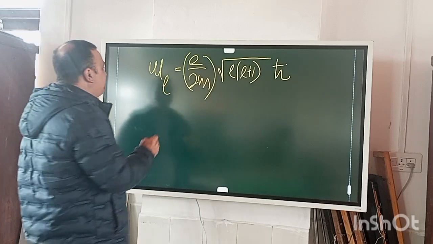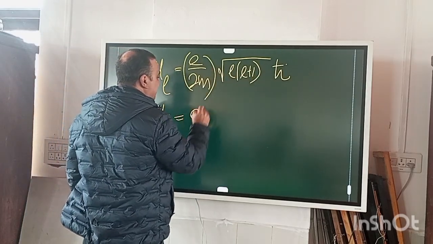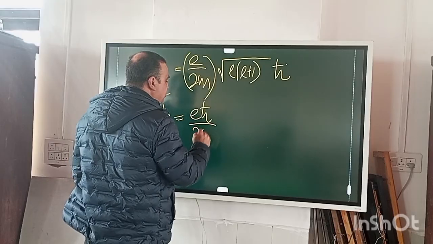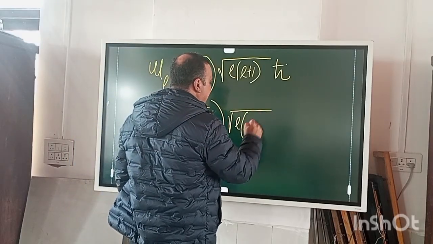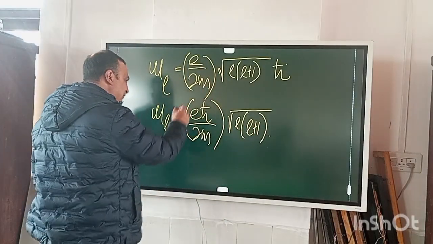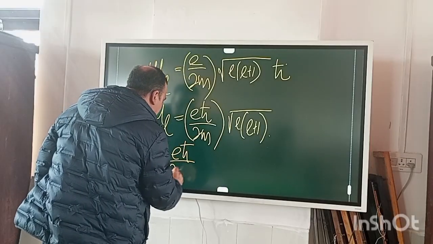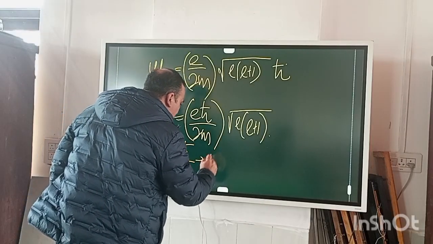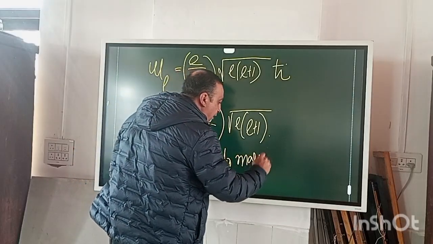So if this h bar comes here, this μL will be e h bar by 2m times the square root of l times (l plus 1). Now this term that is in the brackets, what is that? That is e h bar by 2m. This is called the Bohr magneton.